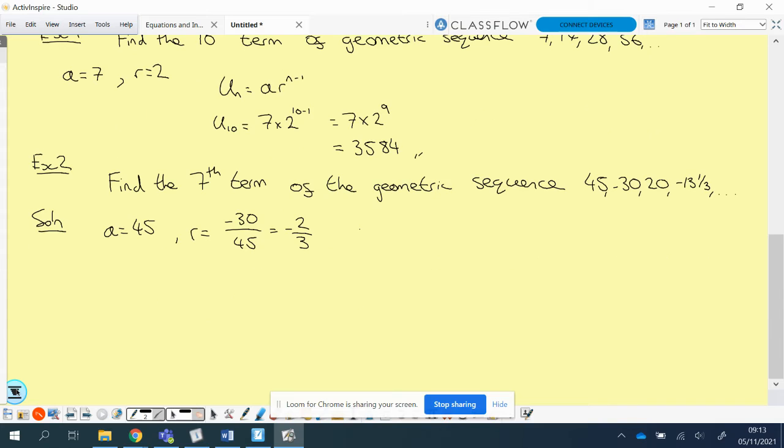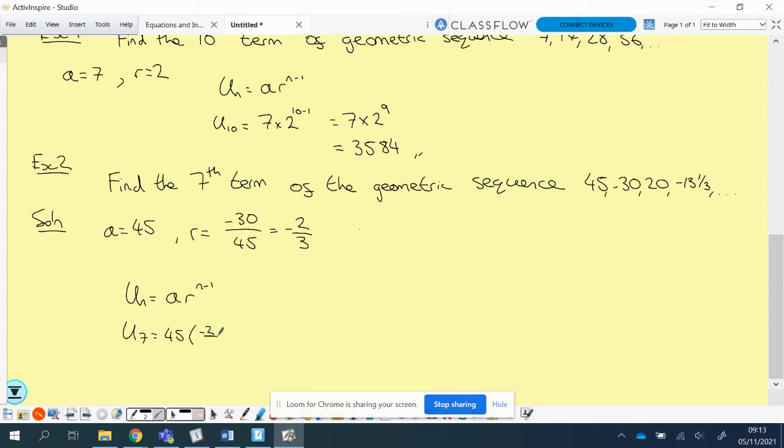Okay, so again, if I want to work out the 7th term, let's write down what the general formula is for any n term. So it's U of n equals A r to the power n minus 1. U of 7, okay, well A was 45, that's fine.